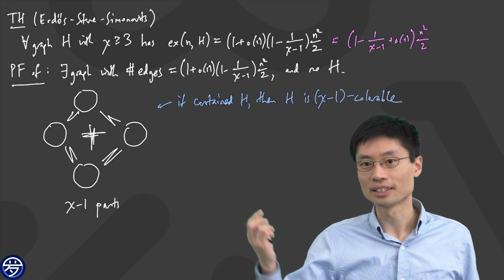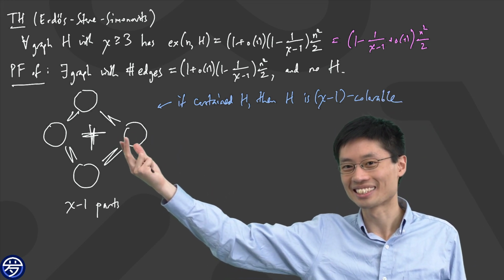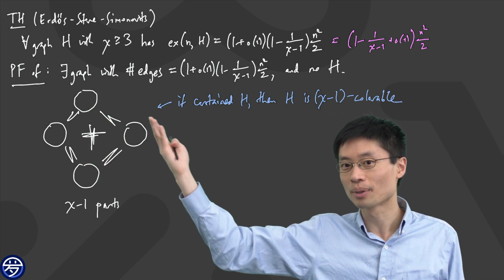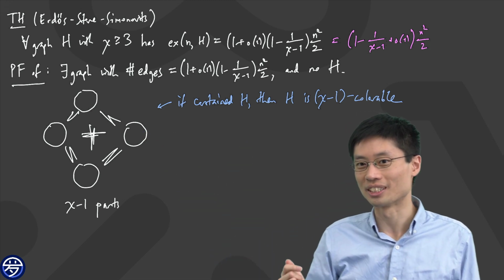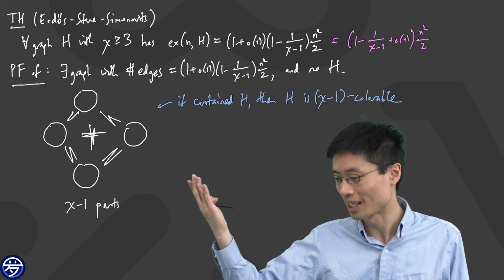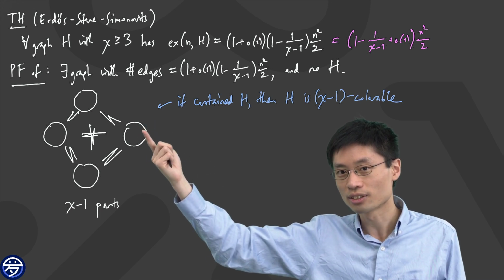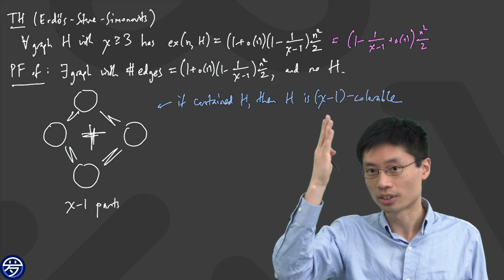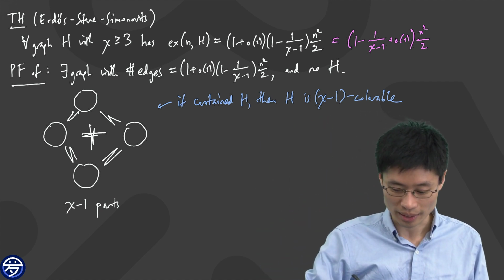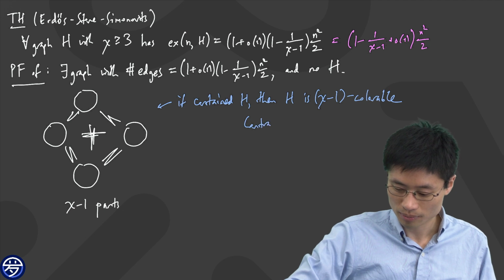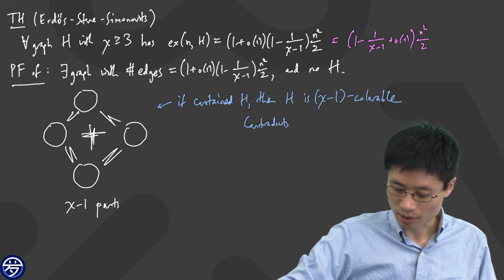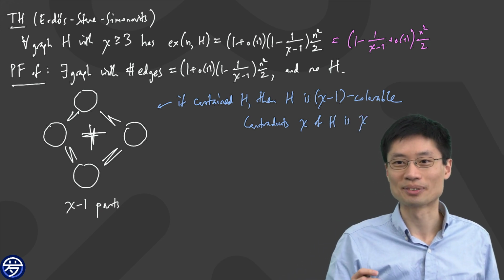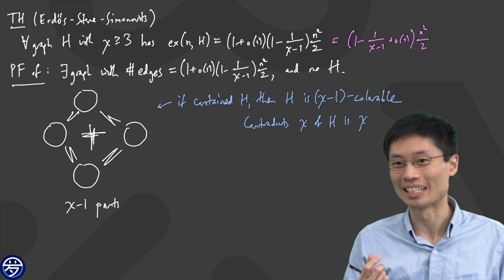And the reason is because I would just look at it and say h has some vertices in each of the blobs, and use the blob's color for those vertices, and bam, you have a proper coloring of h, because h has no edges which are entirely inside one of those sets. So that's a contradiction. You're not allowed to have h be chi minus 1 colorable. This contradicts that the chromatic number of h is chi. That's a very strange type of sentence to write, but chi was the chromatic number of h.